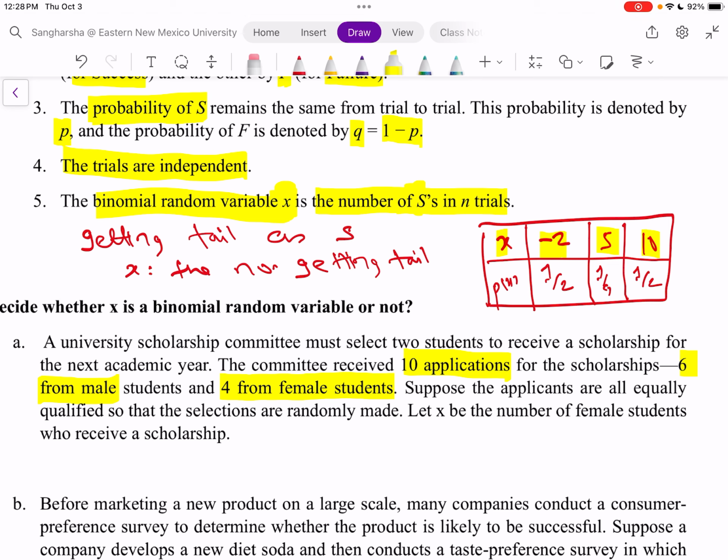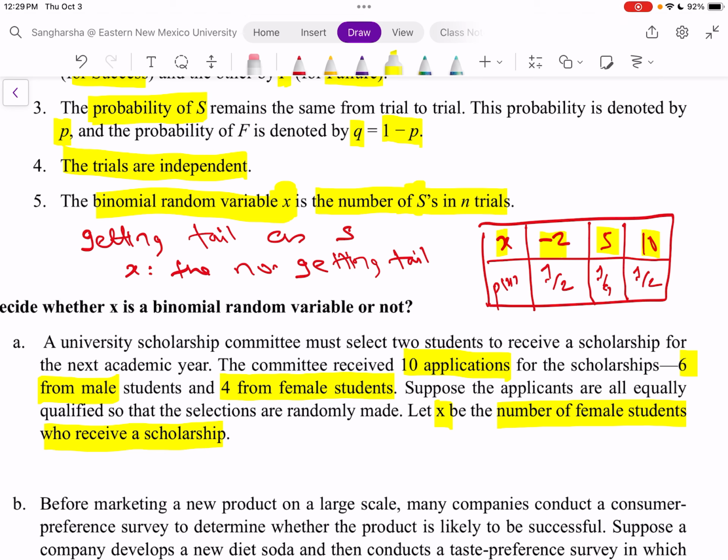Suppose the applicants are all equally qualified, so that the selection is randomly made. Let X be the number of female students who receive a scholarship.